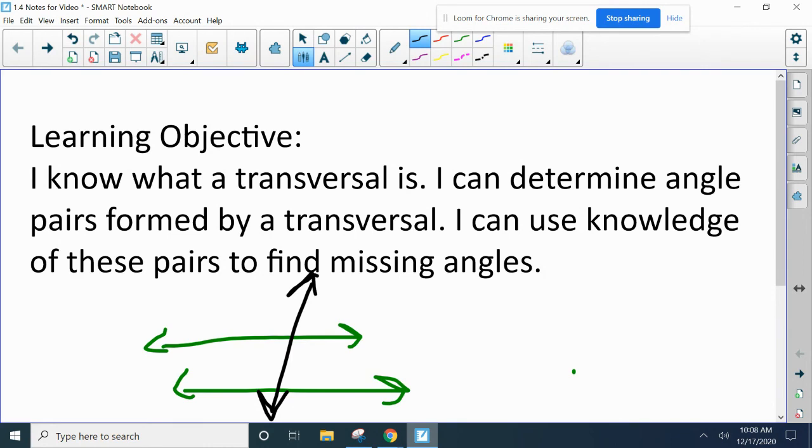Otherwise, that is not true. But what we're going to look at is where they're parallel. So a transversal is that black line that cuts through two or more lines. And you were able to use the knowledge of whether or not they were supplementary or congruent to find missing angle pairs when given one.